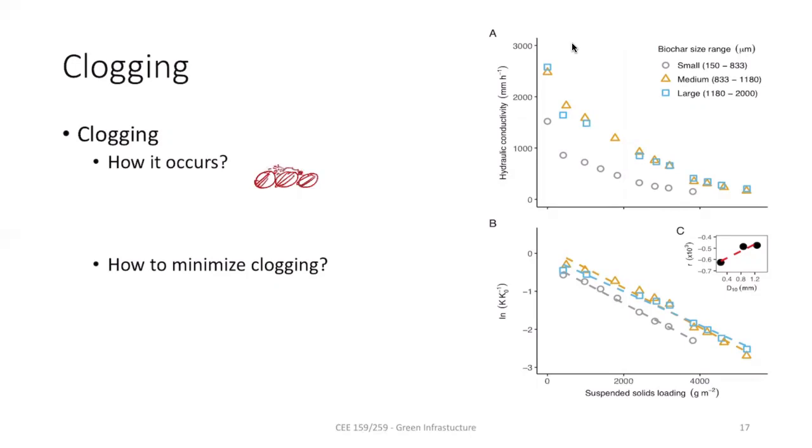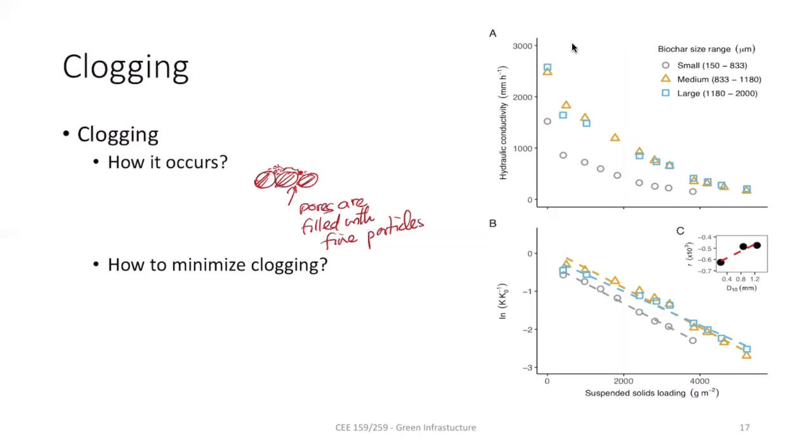And then eventually these pores are going to be clogged, filled with fine particles. When this happens, it loses infiltration capacity at that layer. Usually clogging occurs at the very top layer because that's where most things accumulate. It doesn't uniformly clog the entire system.